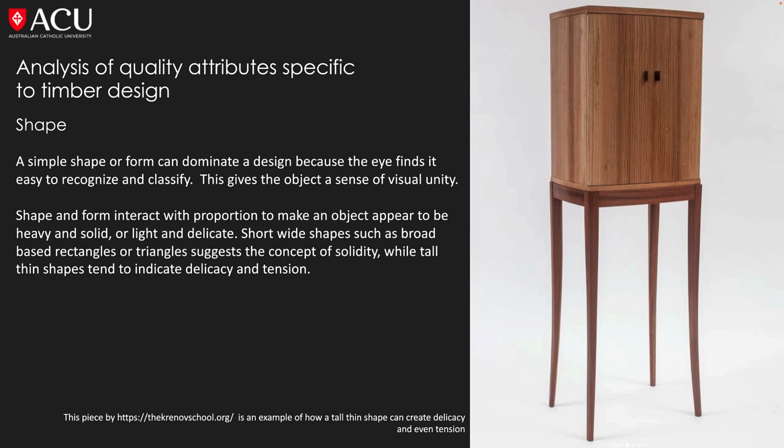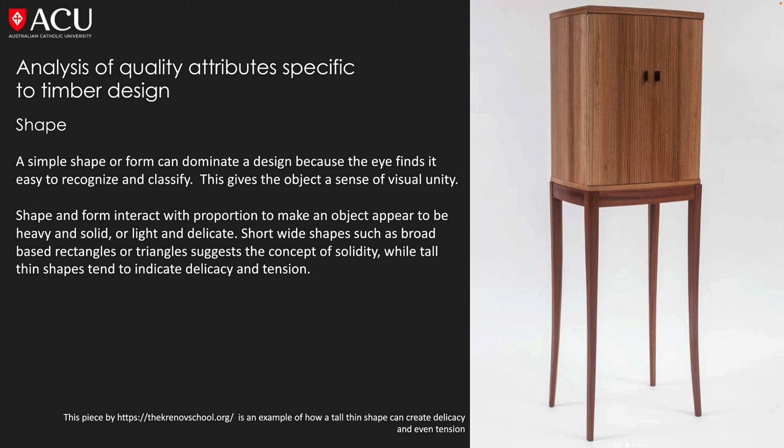And you can see this Krenov style cabinet here, which was put out by the Krenov School. This is an example of how we've actually got a rectangular shape, but it's juxtaposed with the stand, which in itself is a rectangular shape, but it's got some very, very delicate curves in there.